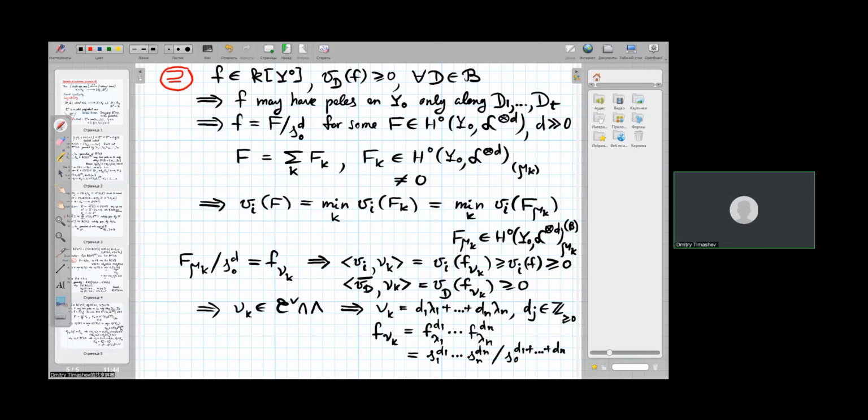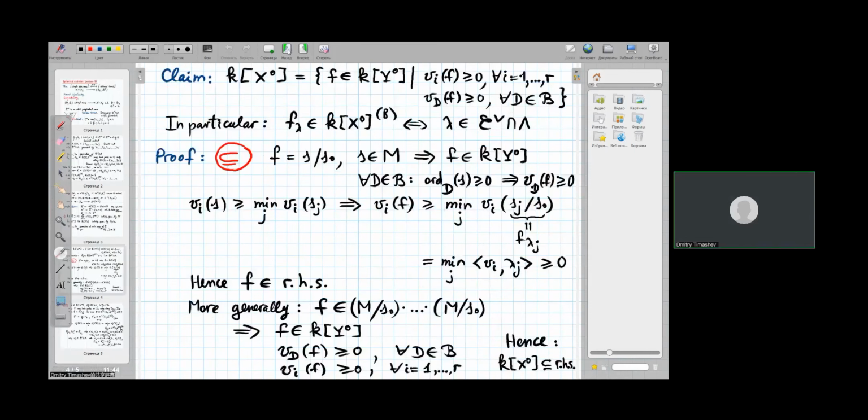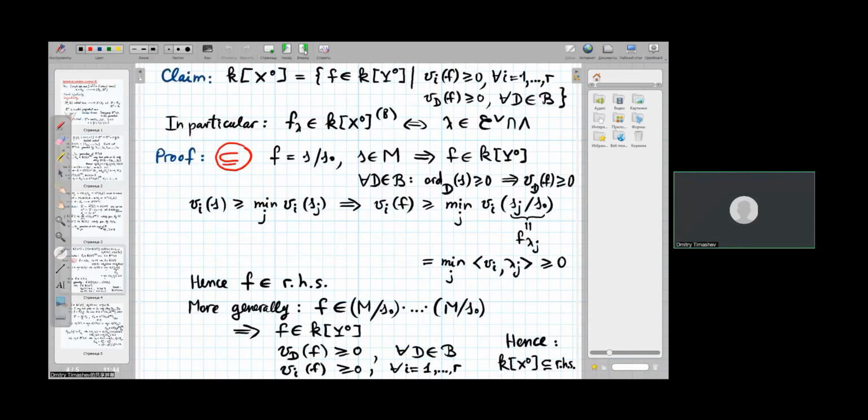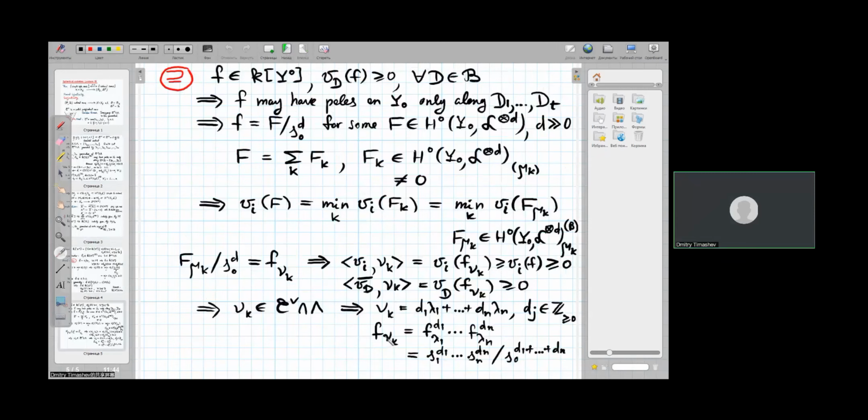We have this formula for f nu k. I think f lambda 1 is equal to s1 quotient s0. It is just by definition. Just look here. Yes. So we have this presentation for these functions.